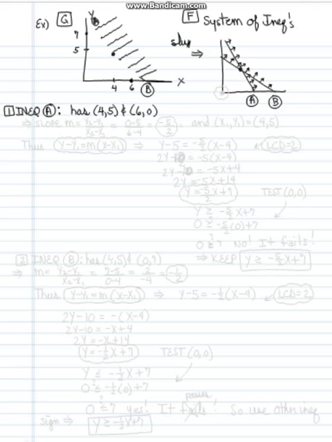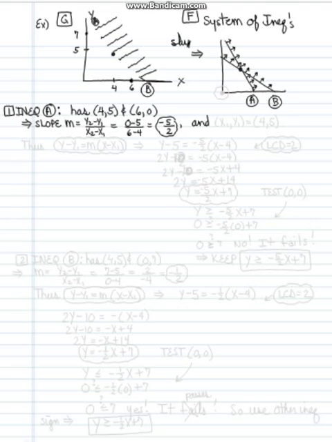That implies that the slope m, which has the formula y sub 2 minus y sub 1 over x sub 2 minus x sub 1, would be 0 minus 5 over 6 minus 4, which is negative 5 over 2. That's the slope.